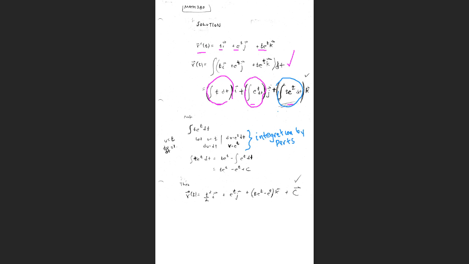So remember the formula for integration by parts: the integral of u dv equals u times v minus the integral of v du.